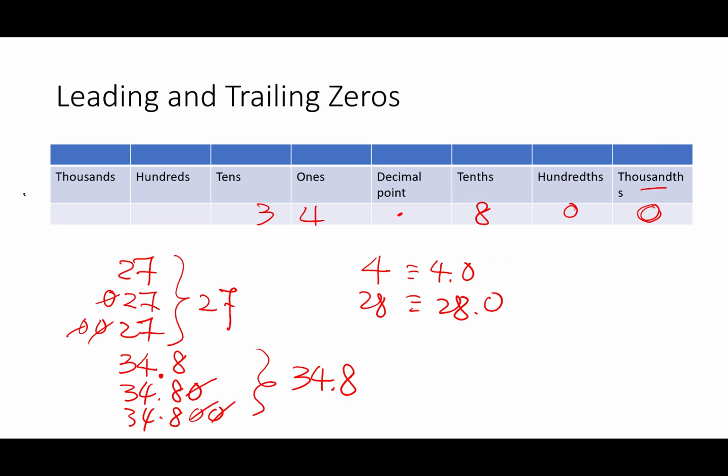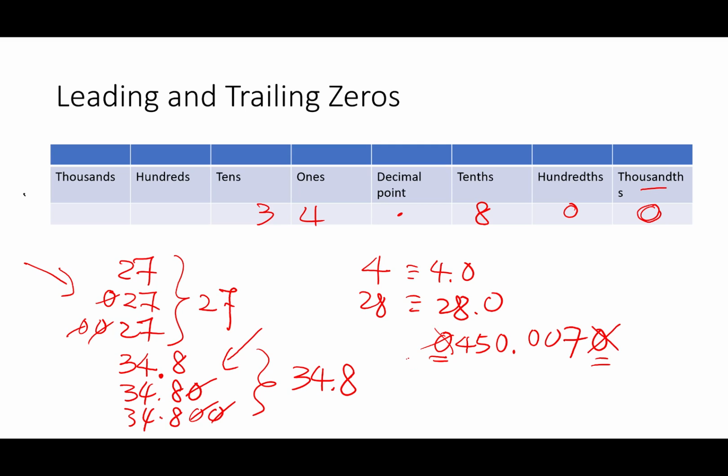Now another example is 0450.0070. Here you have 5 zeros. We know that the 0 in front of a whole number, which is this 0 here, carries no value. And a 0 behind a decimal place, this one, also carries no value.